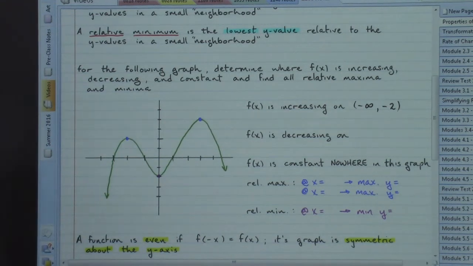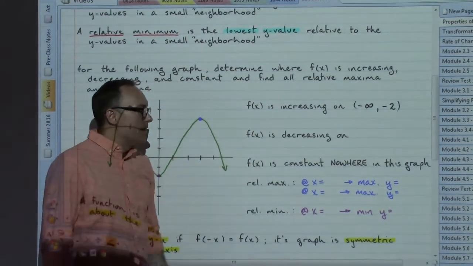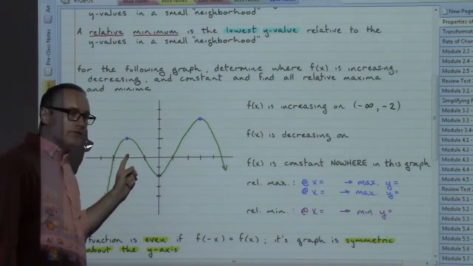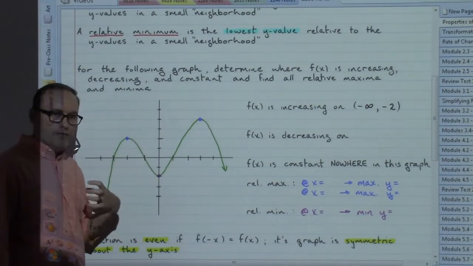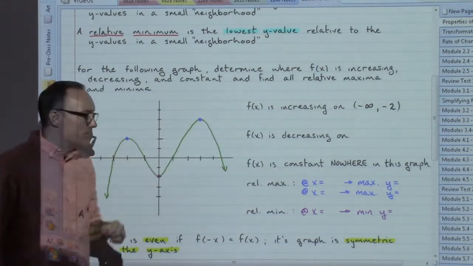Parentheses on the negative infinity part because that's just part of our rule for the interval notation. Parentheses for that -2 because we said these are all going to be open intervals. We're not going to be having any of those brackets showing up with our increasing business, with our decreasing business.